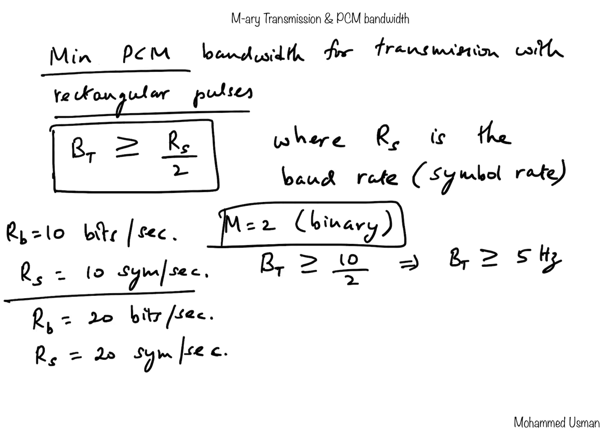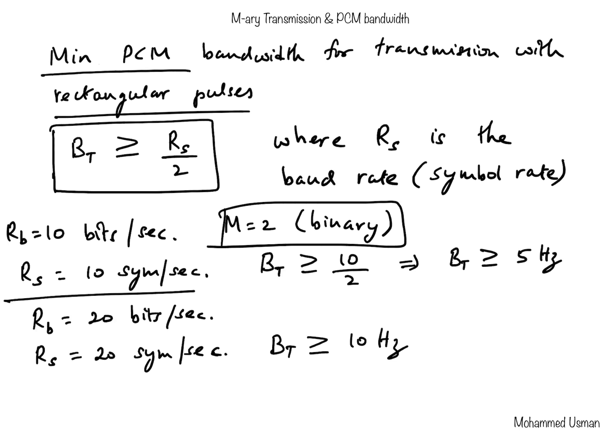So for 20 bits per second, we need to transmit 20 pulses per second. Therefore, the transmission bandwidth should be at least 20 by 2, Rs by 2, so that means 10 hertz. So we see that if you are going to use only binary transmission and if you want to increase the bit rate, the effect is on the transmission bandwidth. If you want to double the bit rate from 10 to 20, the bandwidth required for the transmission is also going up from 5 to 10 hertz.